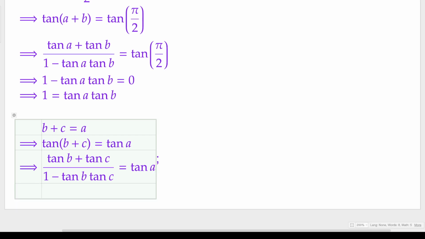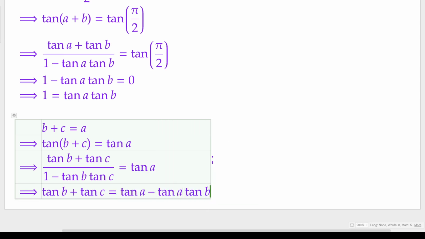Now if I multiply by this quantity, that is, 1 minus the product of tan b and tan c, this can be written as tan a multiplied with 1, and here the product of tan a times tan b times tan c.